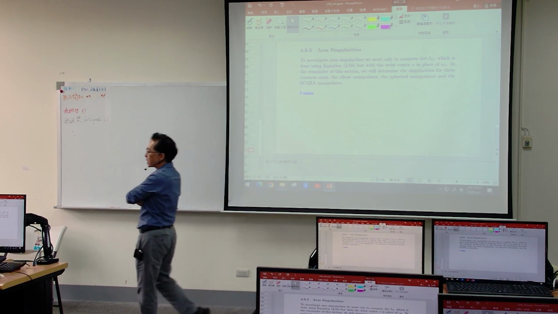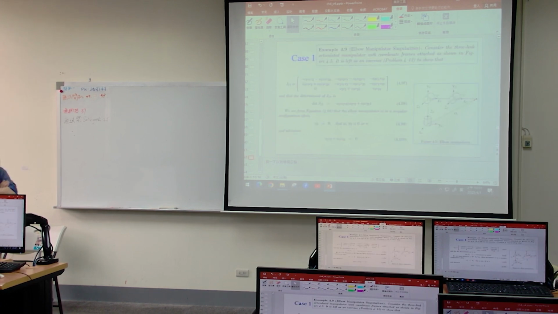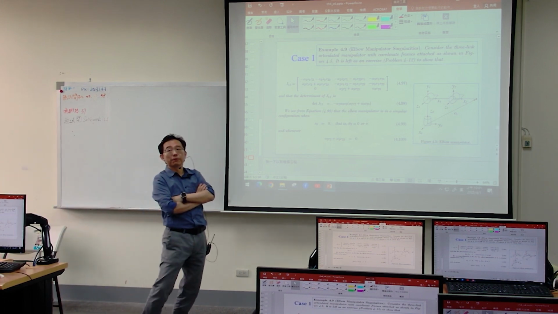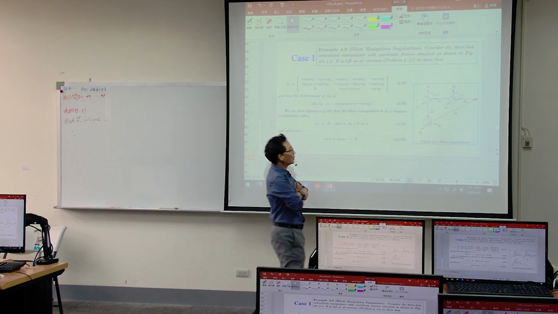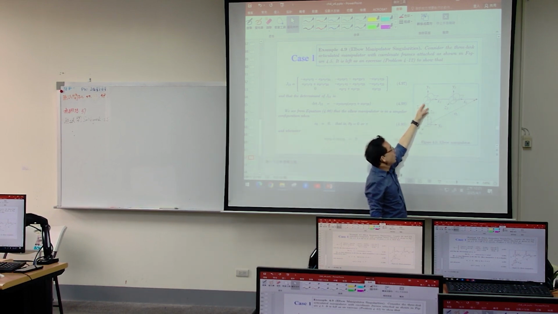So for the arm section, we have 3 cases. This is from the textbook, and I organized it into this form. The first case, let's see the figures. I always like to see the figures. This is joint 0, 1, 2.